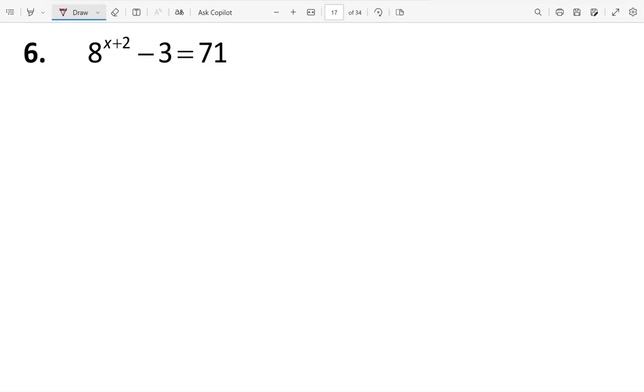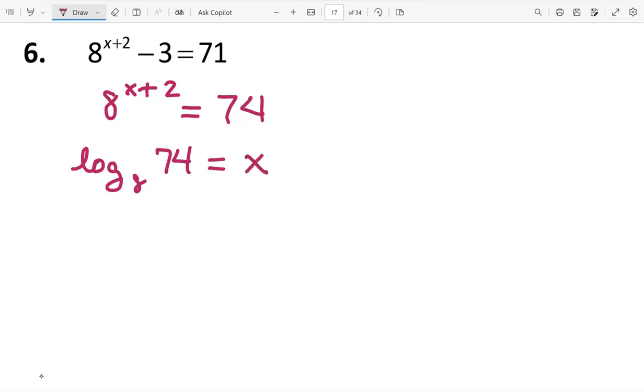In 6, we have an exponential equation, so before we can undo the exponential expression, we must add 3 to both sides, giving us 8 to the x plus 2 is equal to 74. Now, in order to solve for the exponent, we need a logarithm. So the log base 8 of 74 is equal to the exponent x plus 2.